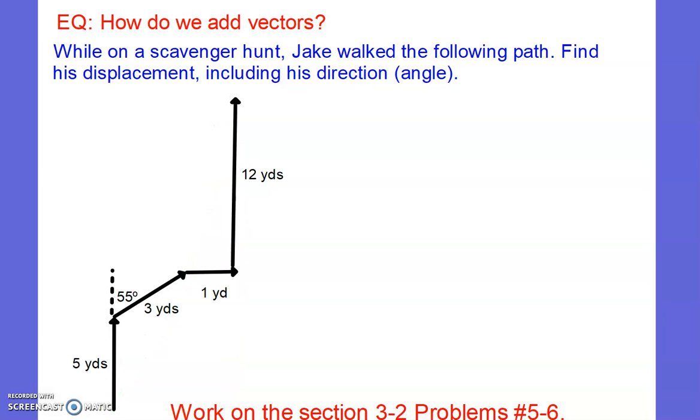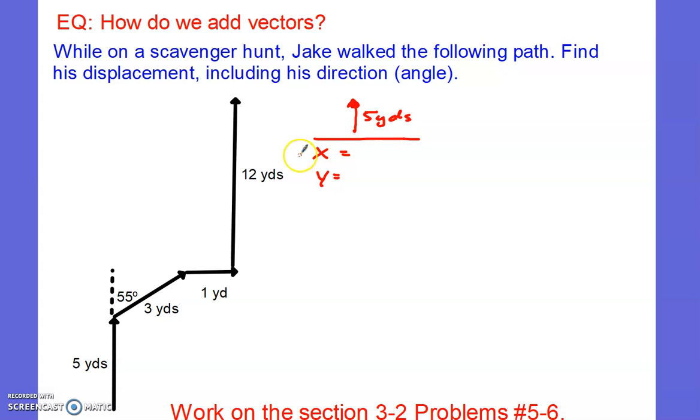We're going to start by looking one vector at a time. The first vector, I'm going to redraw this. Jake went 5 yards north. I'm going to find the x and the y components. Now, when you have a vector that has no angle, one of the components will always be 0.